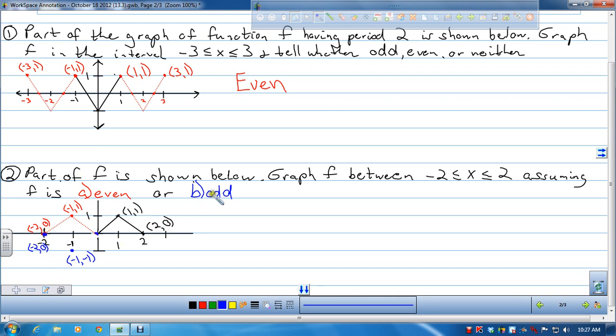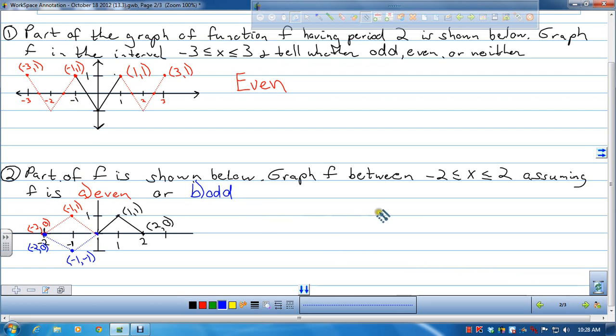So I've got a point there. So I can tell now that this odd graph would continue in this fashion right here. Okay? So you can think about those as two separate problems there. One, I drew an even representation of that graph. The other, I drew an odd representation of that graph. Okay.